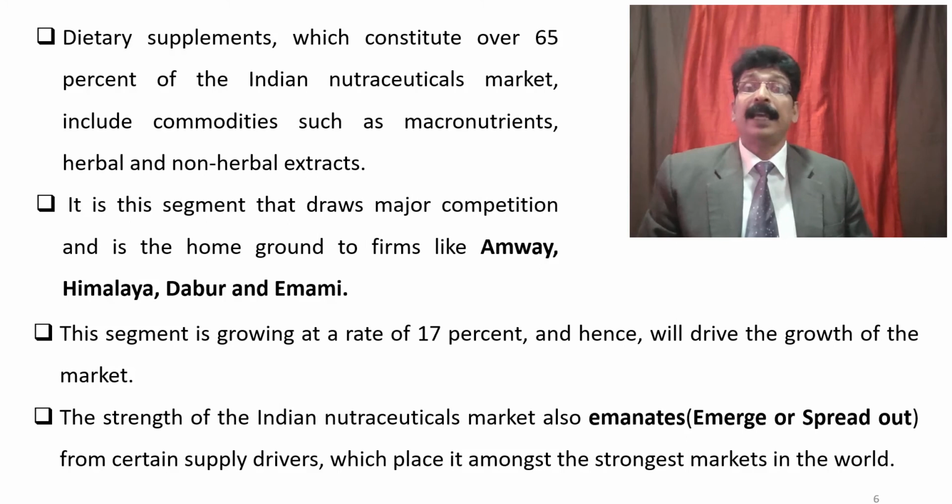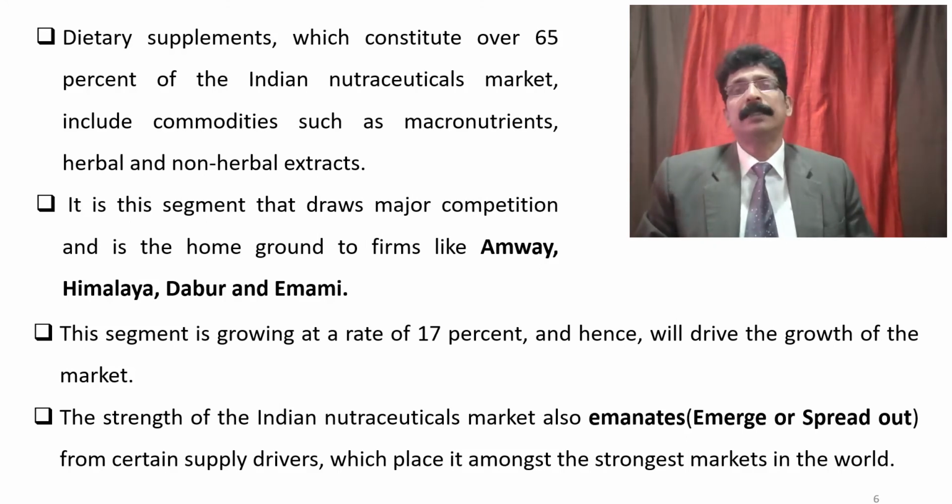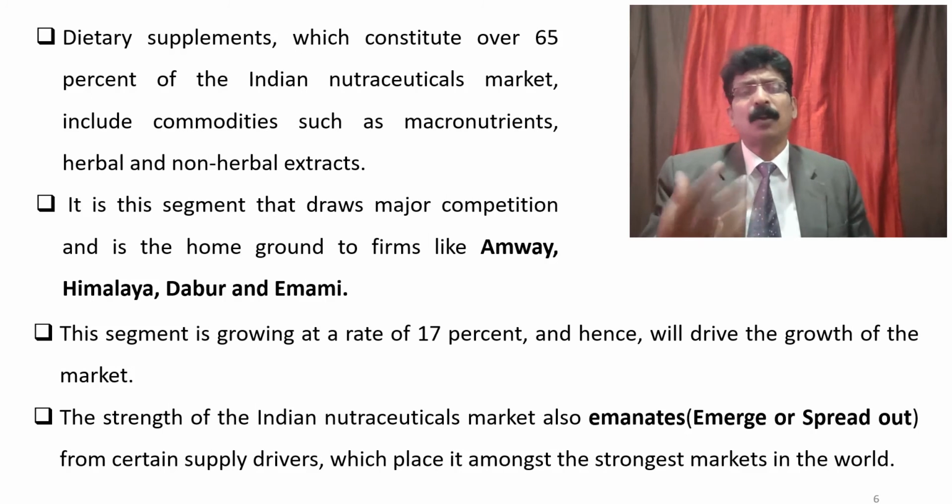They have started herbal medicine drugs and herbal nutraceuticals, supplying directly to the home. They compete on this home ground, and many other firms are there apart from that. This segment is growing at a rate of 17% in India. We are talking about India, and hence it drives the growth of the market.